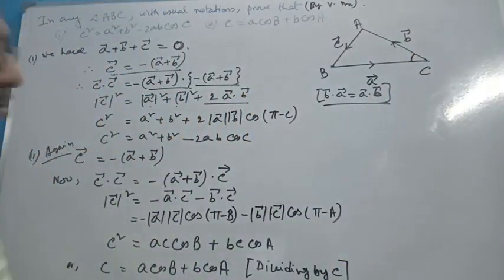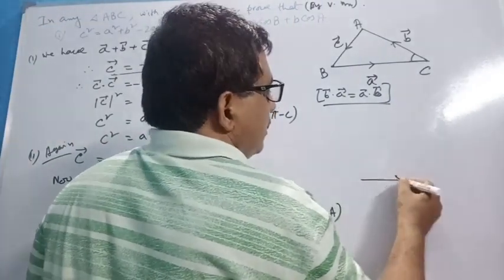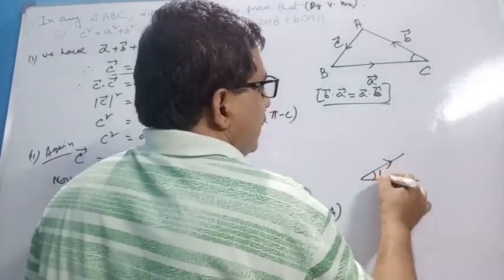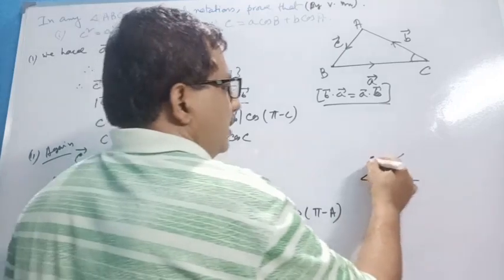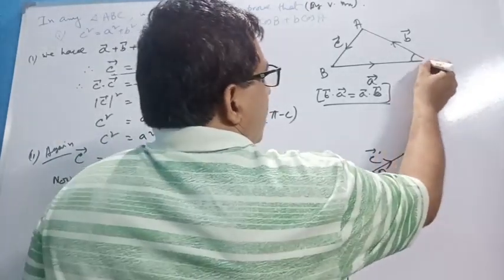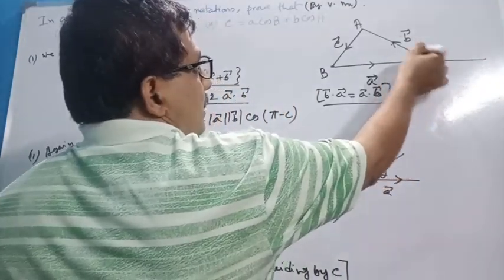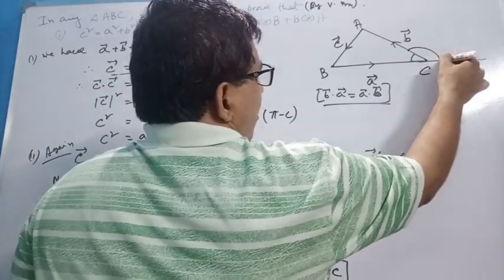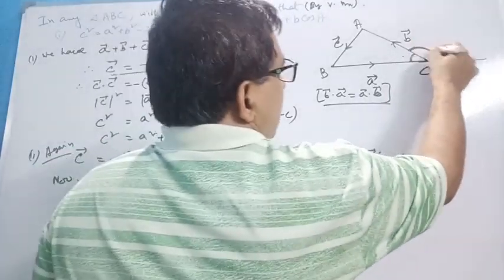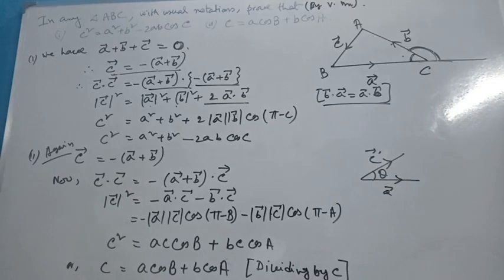Why? The directions are different. If in this direction is A and this direction is C, then their angle is theta. But here we see that the direction of A is in this case and the direction of C is this direction, so the angle between them is this one. If this angle is C, then this is a straight angle, so the remaining angle is nothing but pi minus that angle.